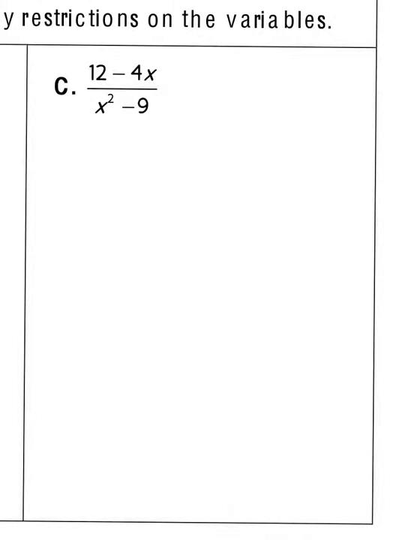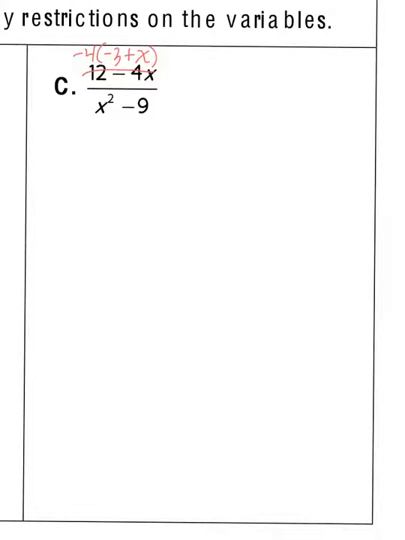So C has a little bit of a quirk to it. If you just factor out a 4 here, then you're going to have 3 minus x. And on this one, the x comes first. So my suggestion would be that you factor out a -4. If you factor a -4 out, you're going to get -3 plus x. And then I could rewrite this as x minus 3, which is what I'm going to do.